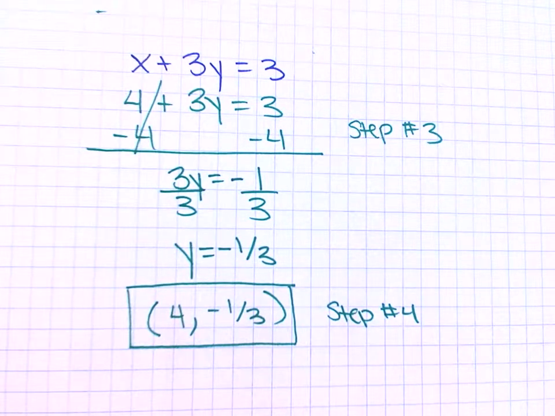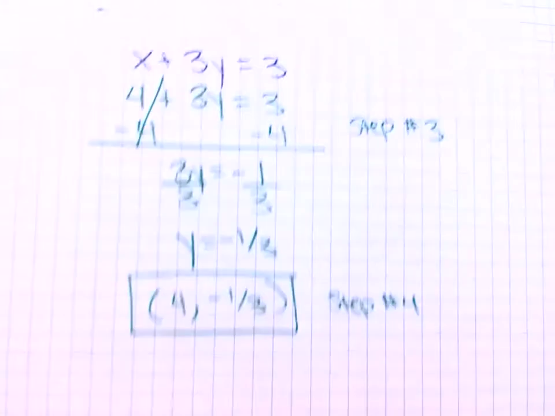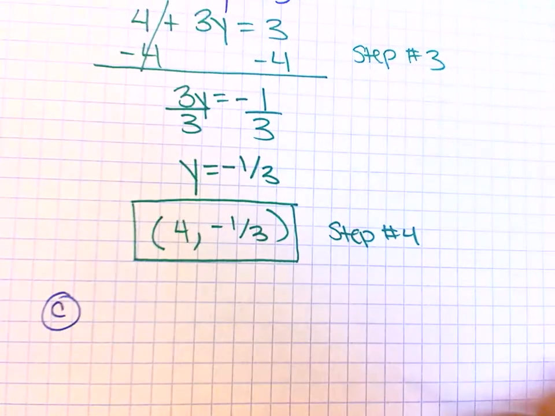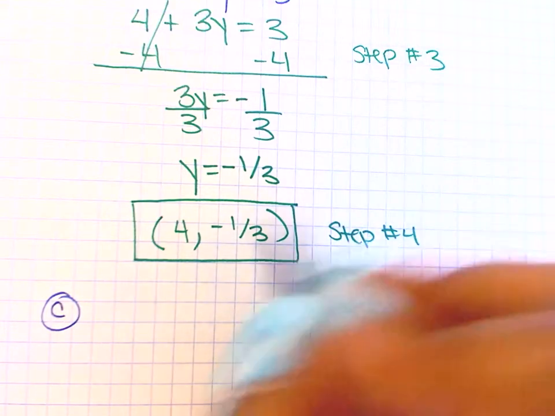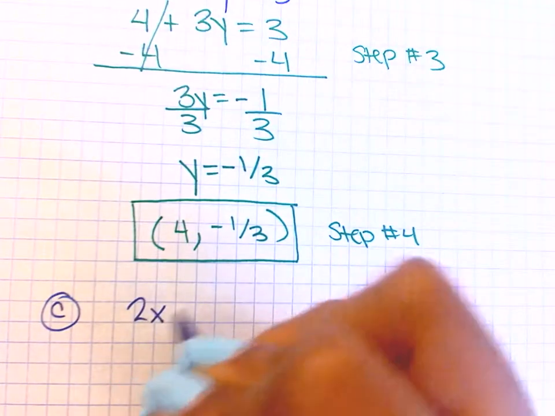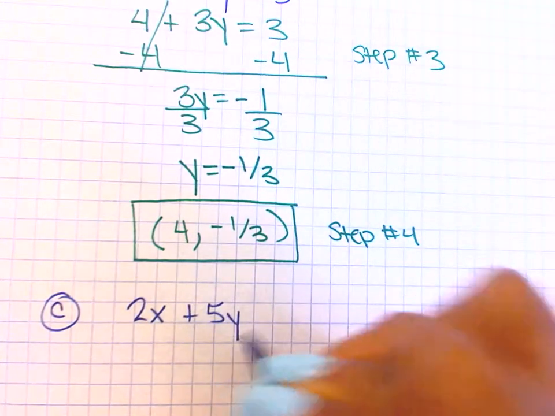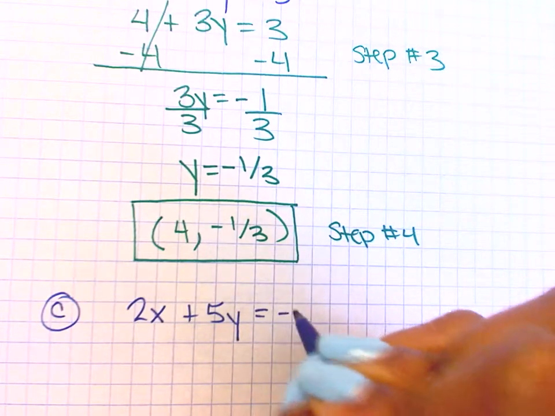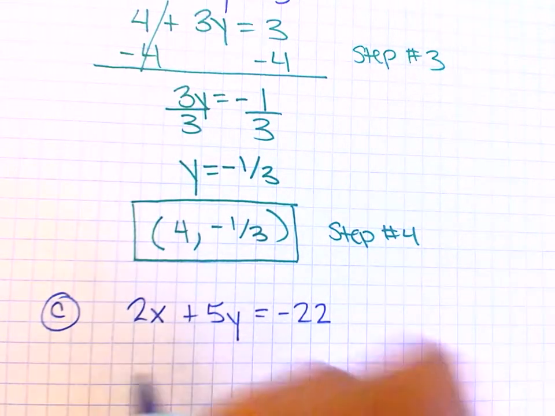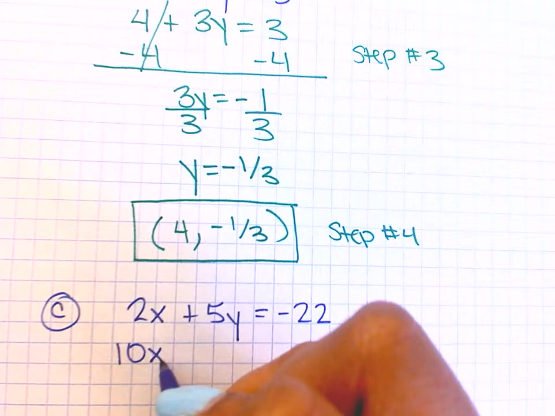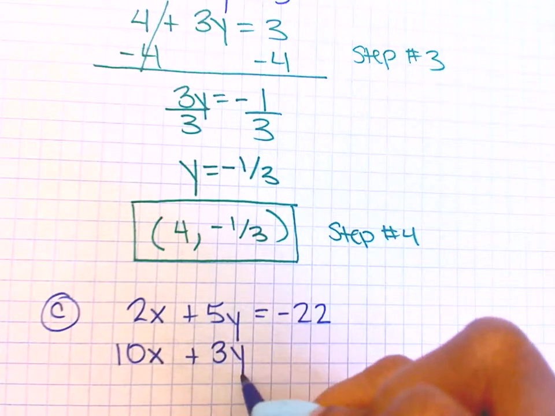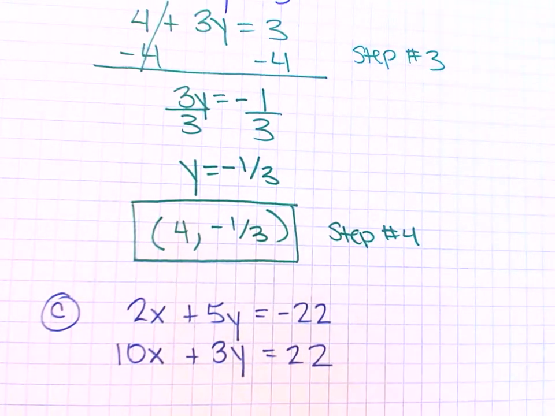Alright. Let's do example C. Takes practice. I have 2x plus 5y equals -22. And I have 10x plus 3y equals 22.